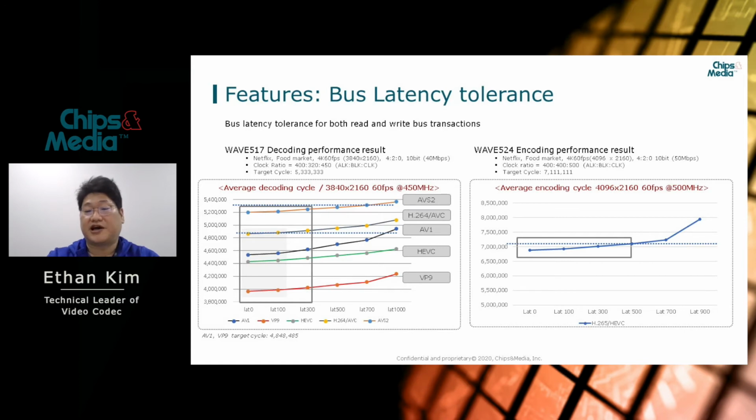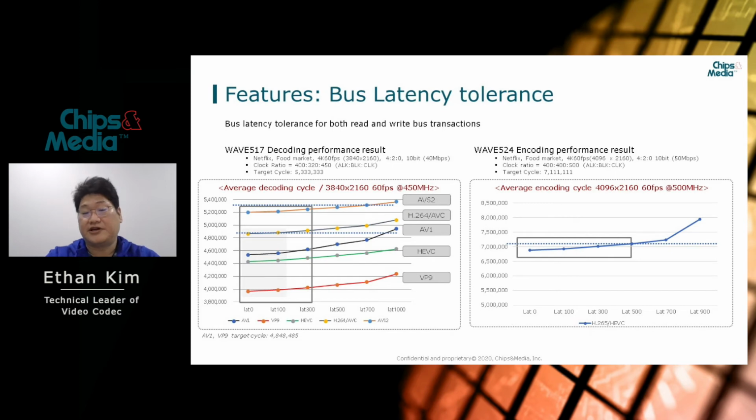Chips&Media video codec IPs are designed to have burst latency tolerance for both read and write transactions. As you can see in the chart, it can perform real-time decoding even if all memory operations have about 1000 cycle latency. In the case of the encoder, it's slightly worse than that of the decoder.